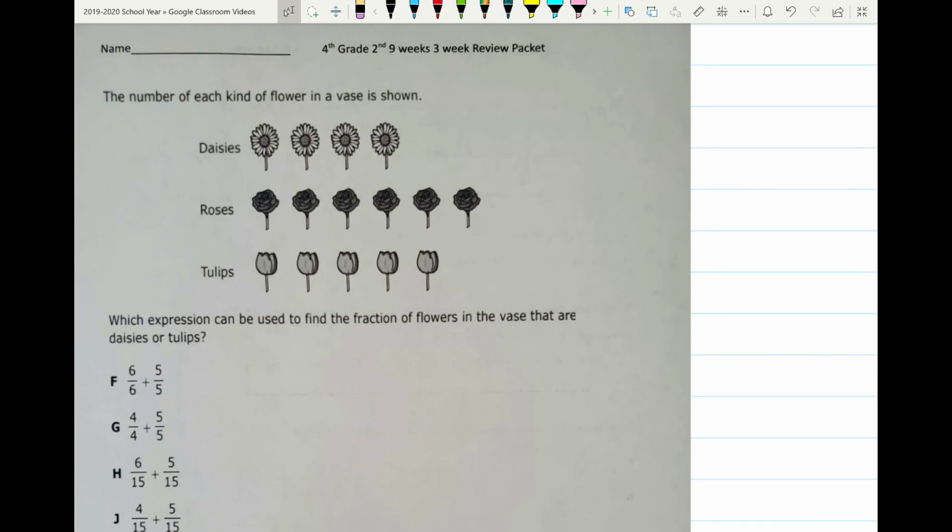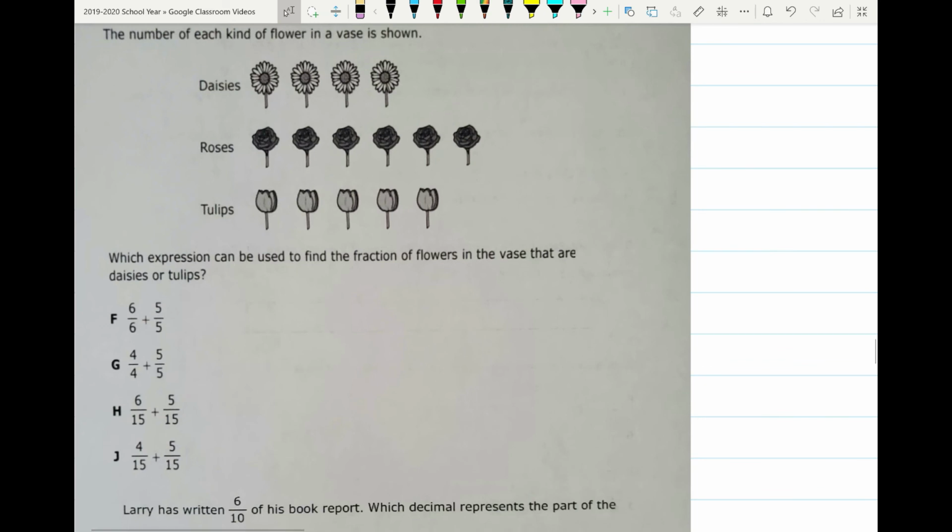The number of each kind of flower in a vase is shown. Which expression can be used to find the fraction of flowers in the vase that are daisies and tulips? Well, first off, let's count the daisies, roses, and tulips. Let's count how many flowers there are in total. 1, 2, 3, 4, 5, 6, 7, 8, 9, 10, 11, 12, 13, 14, 15. We got 15 flowers in total.